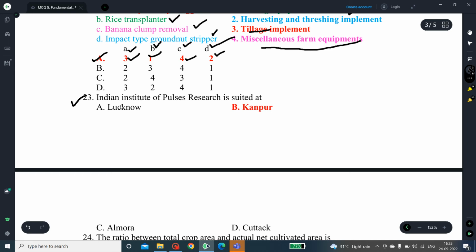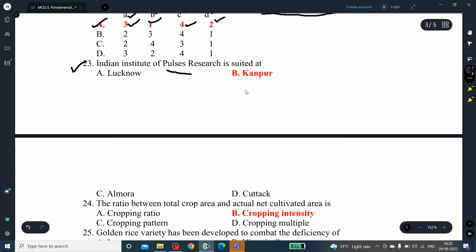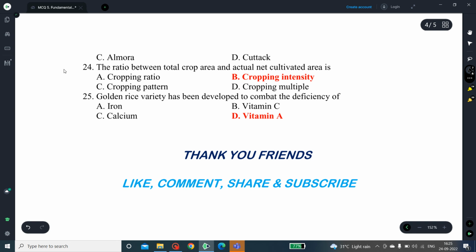23rd question, Indian Institute of Pulses Research is situated at Kanpur in Uttar Pradesh. 24th question, the ratio between total crop area and actual net cultivated area is referred to as cropping intensity.